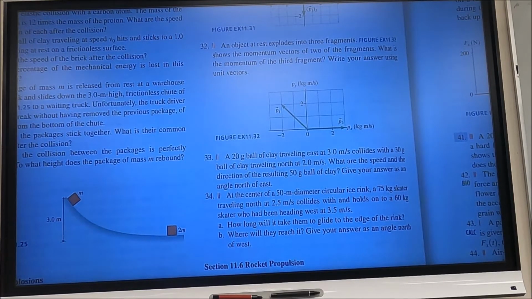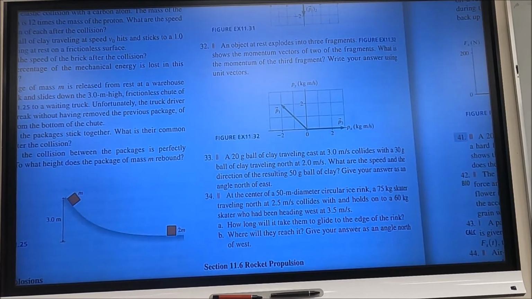In problem 33, it says a ball of clay traveling east at 3 meters per second collides with a 30-gram ball of clay traveling north at 2 meters per second. What is the speed and the direction of the resulting 50-gram ball of clay? Now notice this is an inelastic collision because the balls stick together after the collision.